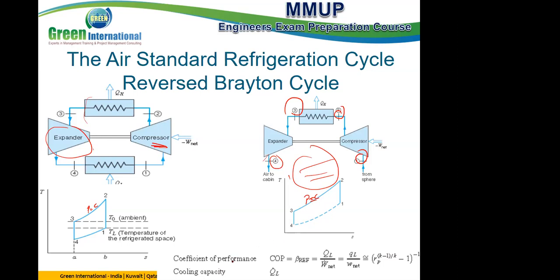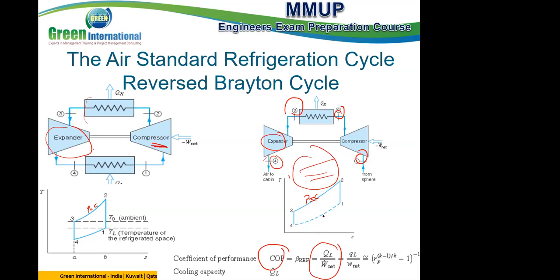In this case, the coefficient of performance is equal to QL divided by work net, not work of the compressor only. Why? Because part of the compressor work is derived by the expander. The expander gives a small work that can drive part of the compressor, so we use a little work here.